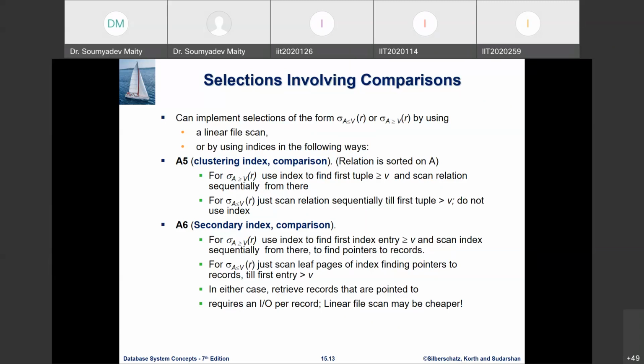It is a bottom-up approach when you construct a B+ tree, so the leaf nodes are already sorted. So you scan from the root of the tree to reach the first leaf node satisfying the condition. Then you scan the leaf nodes sequentially to get all the pointers to the records which satisfy the condition, and then you can access the records.